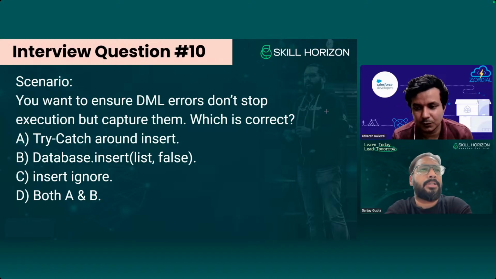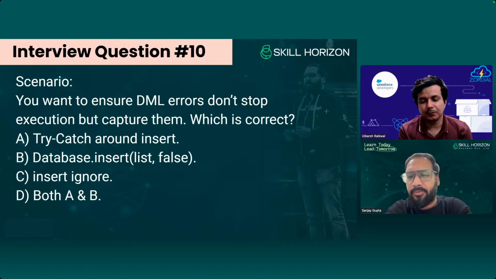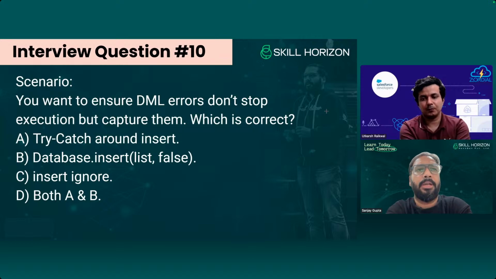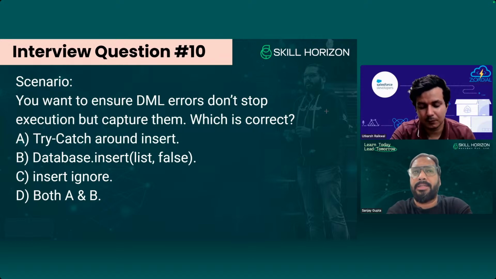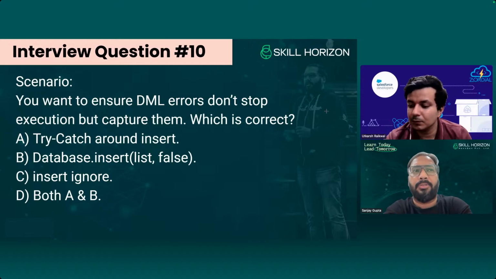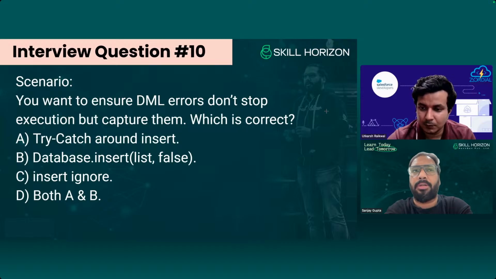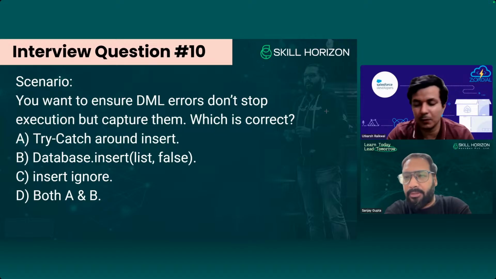Yeah, you are right. B is the correct answer, because B will store the status of each and every record in the list, whether it is a success or a failure. If you go for try catch, only the particular record where the error is coming will have its information caught, not the other records, because the other records will not execute, and a total rollback will happen.